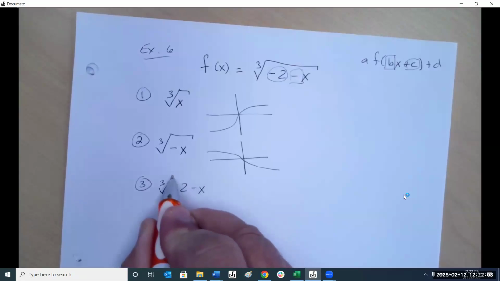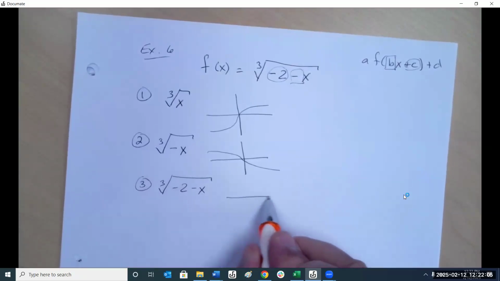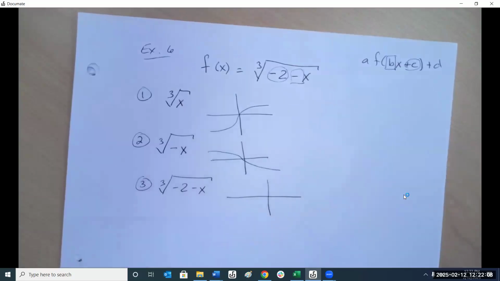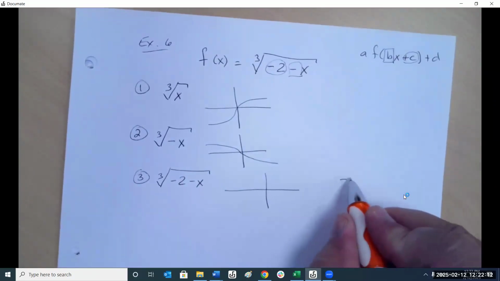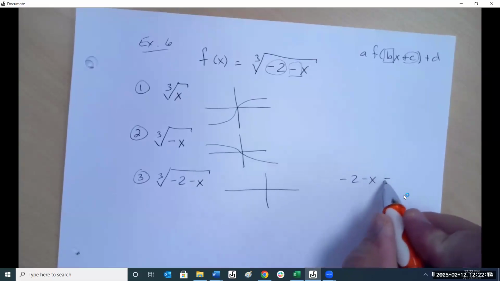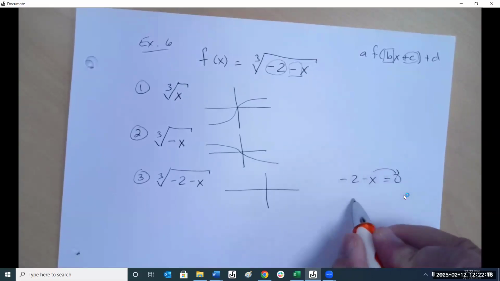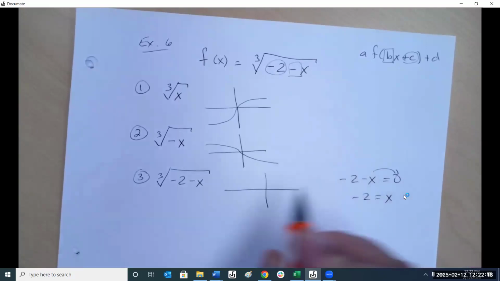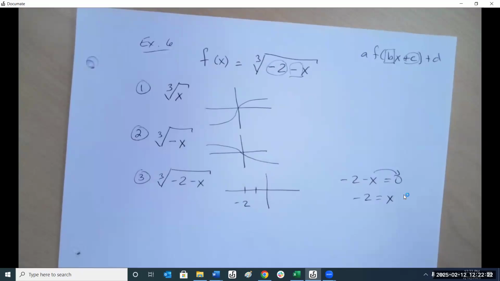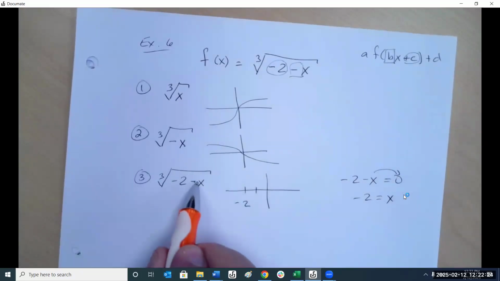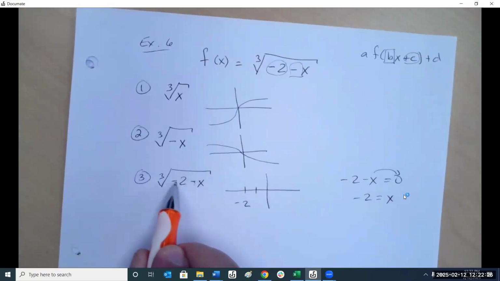-2 minus X. So which direction and how many spaces do I shift? -2 minus X equals 0. Yes, it's negative in front of here, but this is also negative.